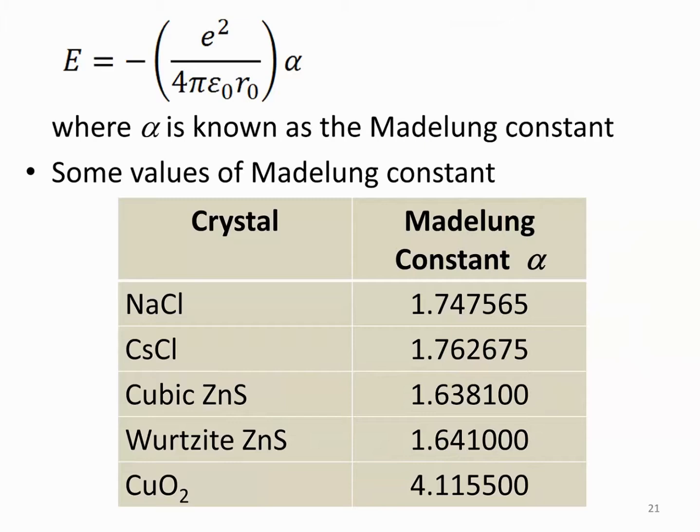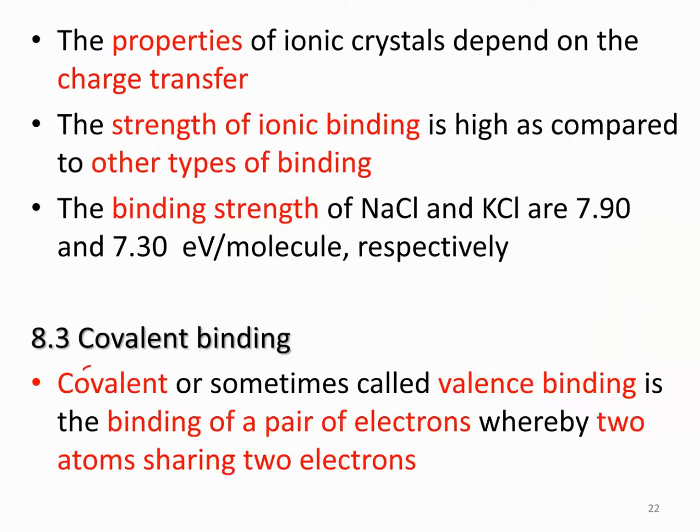Phonon. Phonon is a lattice vibration. So the property of the ionic crystal depends on the charge transfer, because it always involves the charge transfer from sodium to chlorine. Sodium donates one electron, it transfers one negative charge to chlorine. Therefore, the sodium becomes positively charged and the chlorine becomes negatively charged.